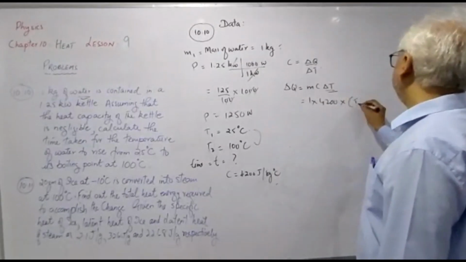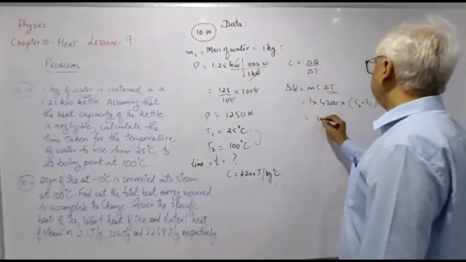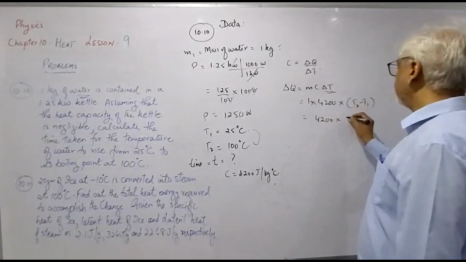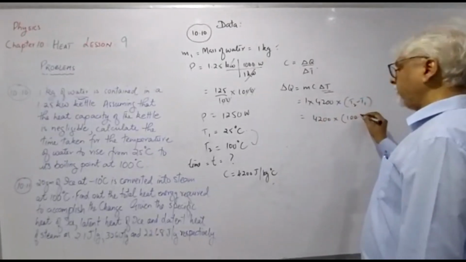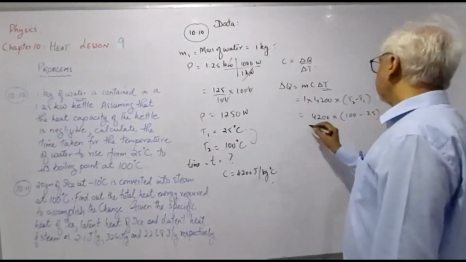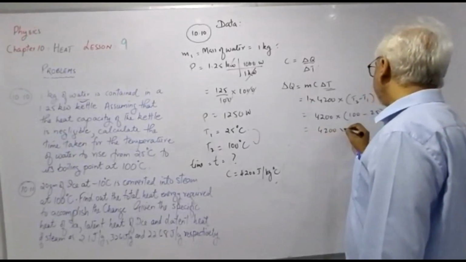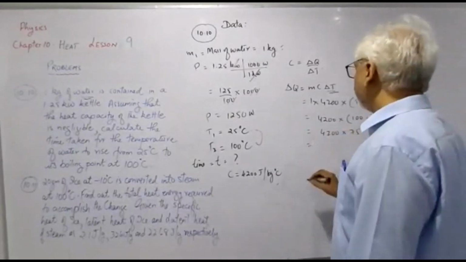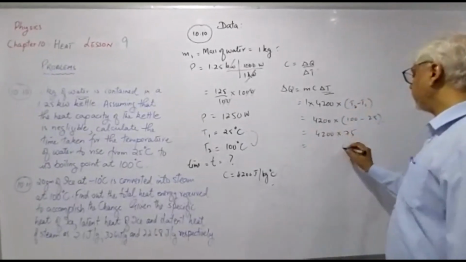That will give you 4200 times (100 minus 25). So you have 4200 times 75, and let's work this out.